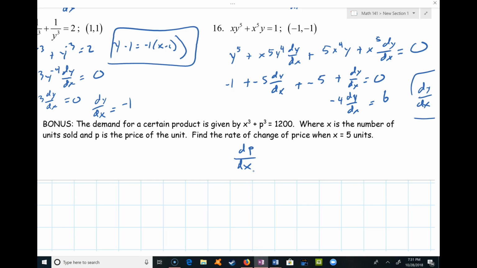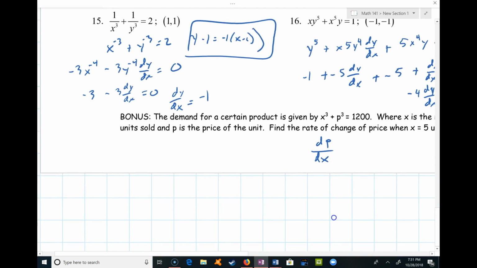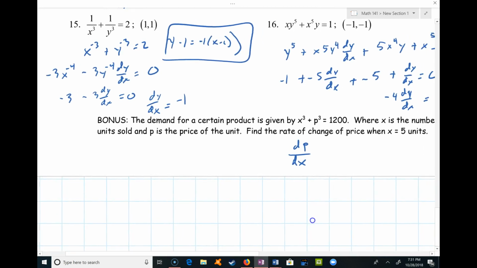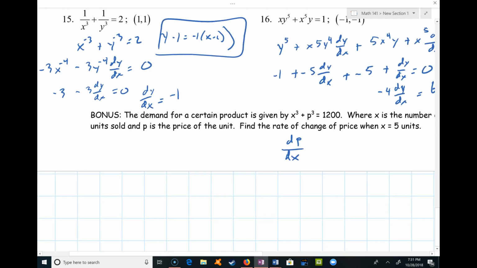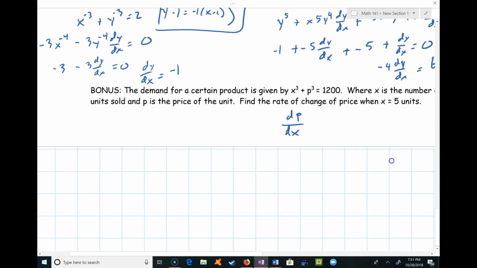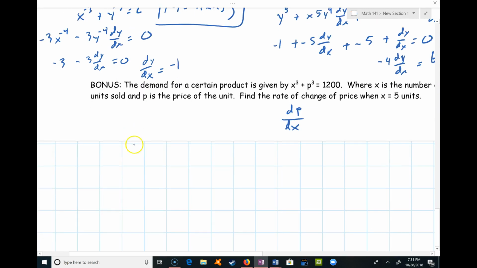So if we take the derivative of both sides, we get 3x squared plus 3p squared dp/dx equals 0.